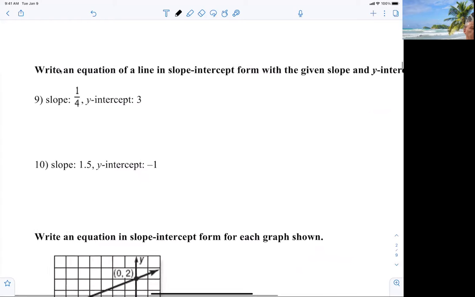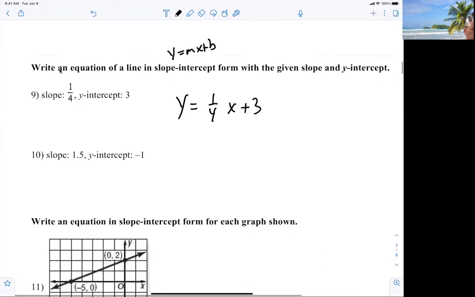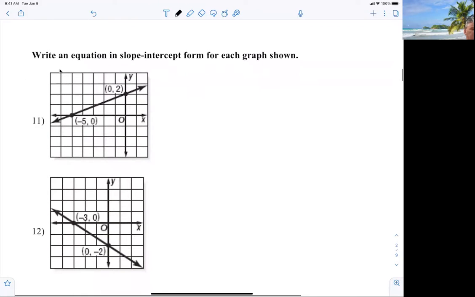Let's look at number 9. Write the equation of the line in slope-intercept form. So review, if you forgot slope-intercept form, that's just y equals mx plus b. That is correct. Everybody okay with that? And m is slope and b is y-intercept. So number 9 is just that. Easy. Good job. Now let's look at 11.